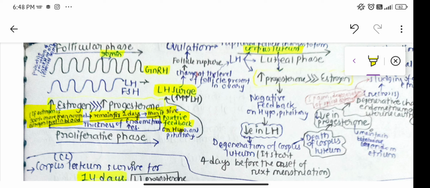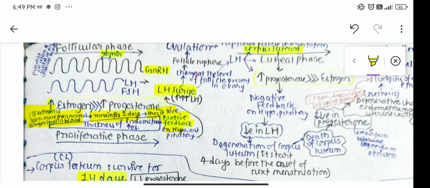Normally, if the estrogen level in the blood increases to around 100% over the normal level, that will cause a negative feedback on the receptors present on the pituitary as well as the hypothalamus, to decrease the secretion of GnRH as well as LH and FSH.